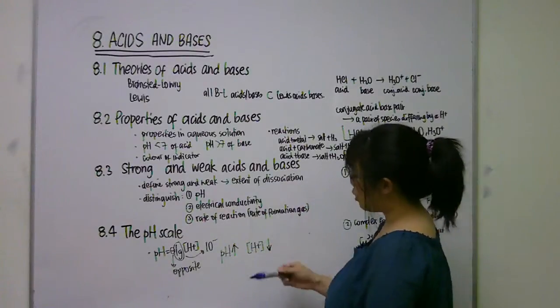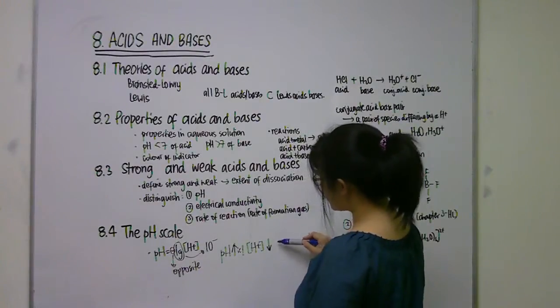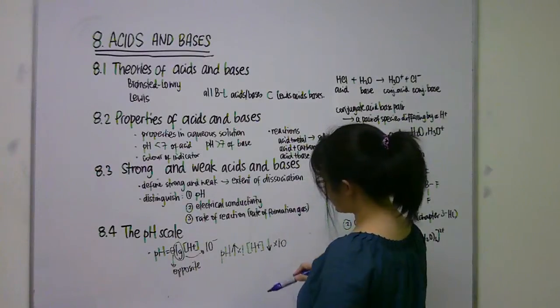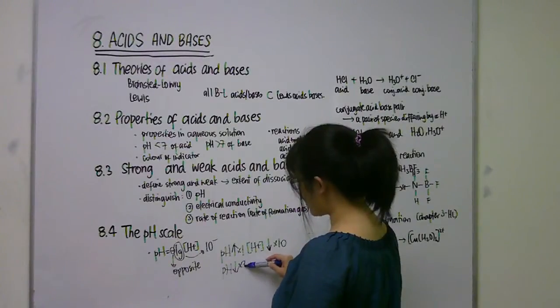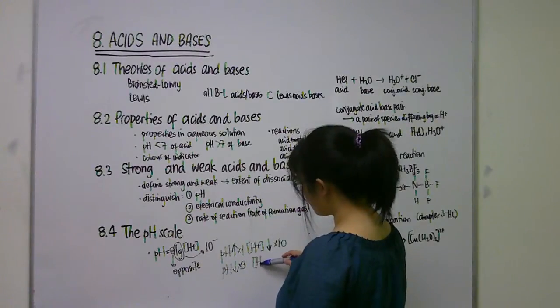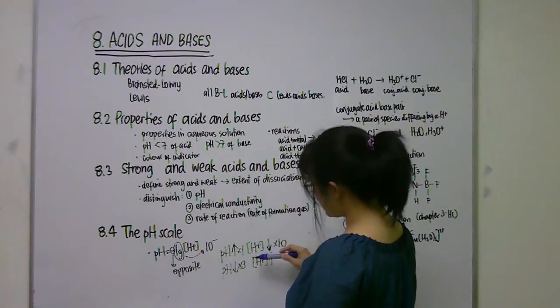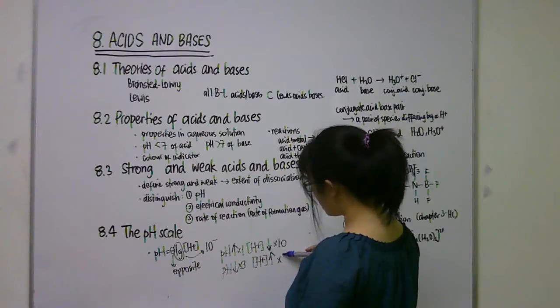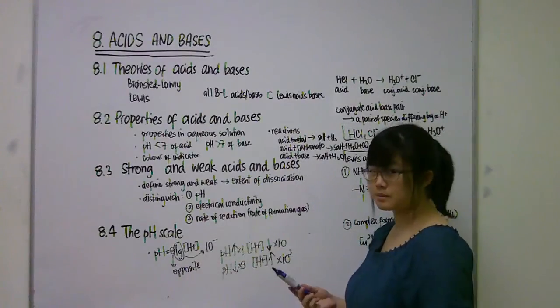So when the pH increases by 1, the H plus concentration will decrease by 10 times. When pH decreases by 3, for example, the H plus concentration will increase, and because it's 3 units, it will increase by 10 to the power of 3 because of the logarithm.